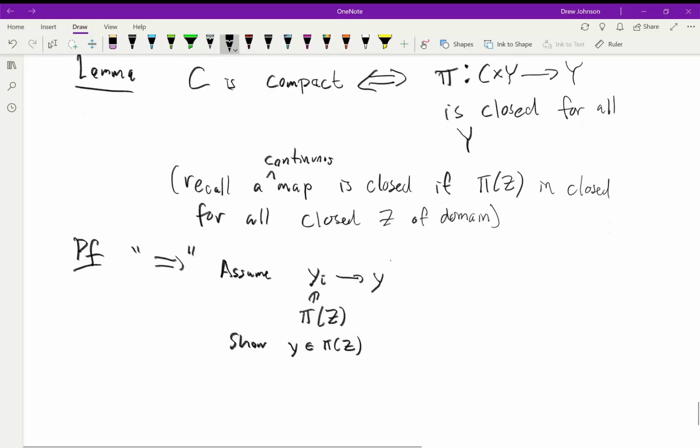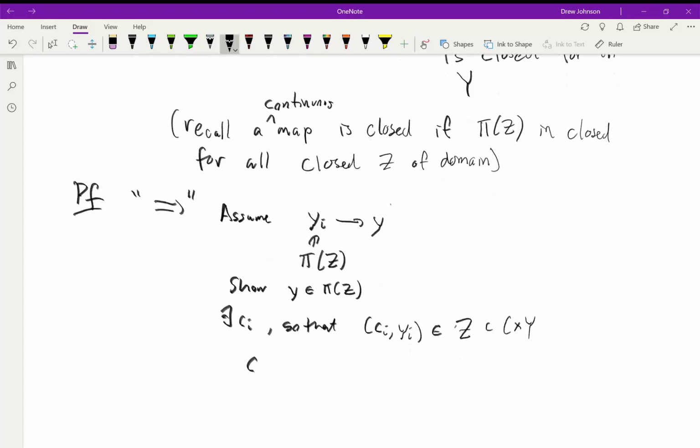The fact that the y_i's are in pi of Z means there exist some c_i's so that the pairs (c_i, y_i) are in Z. That's just the definition of the projection. Now, by passing to a subsequence, we can assume that the c_i's actually converge to c, because the capital C is assumed to be compact.